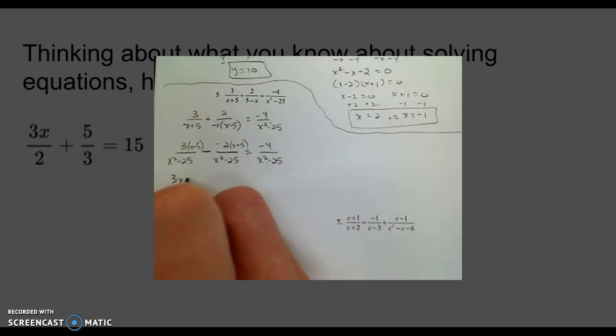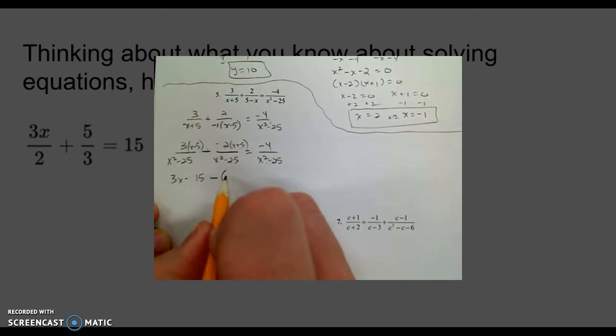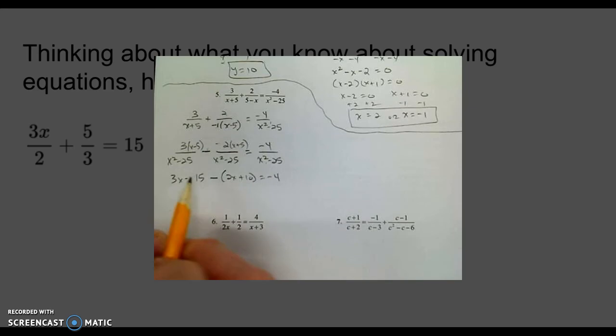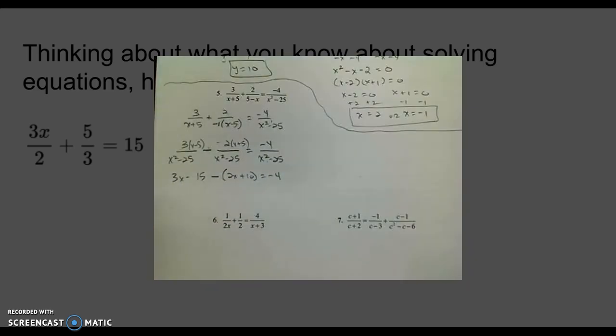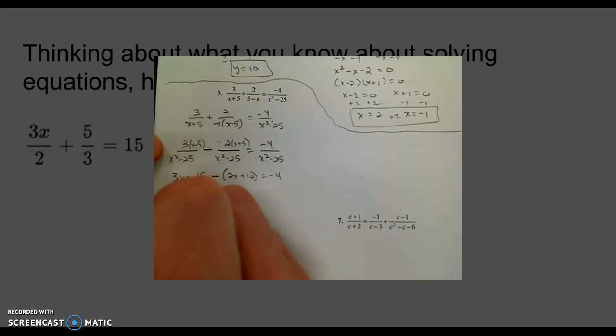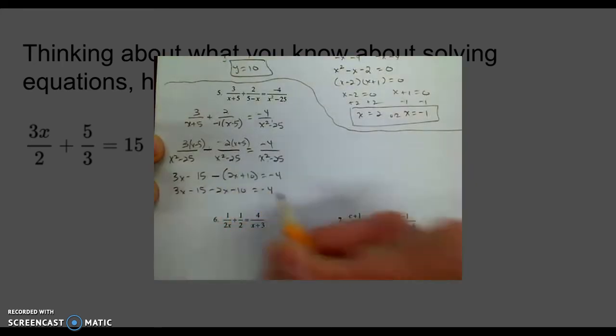So 3x minus 15 minus 2x plus 10 equals negative 4. All of these are over x squared minus 25, so I'm able to divide out that common factor. So 3x minus 15 minus 2x minus 10 equals negative 4.